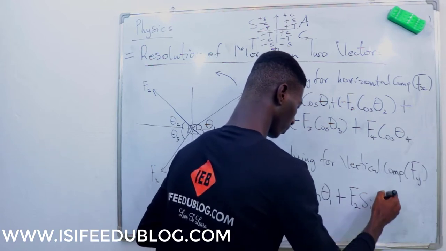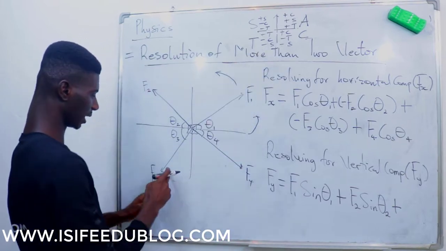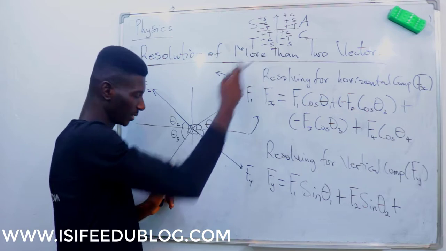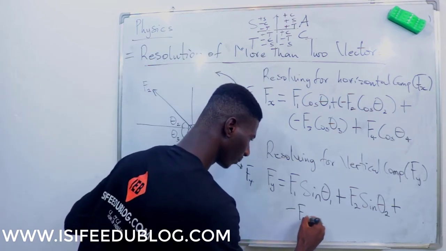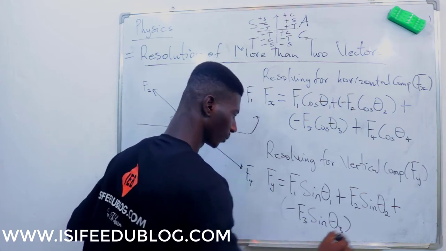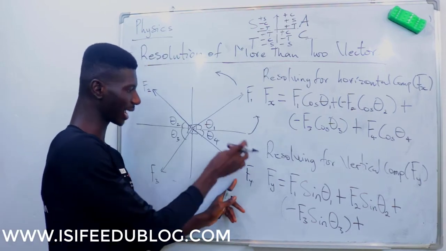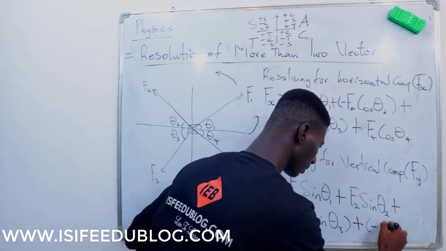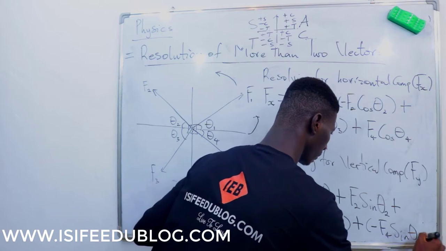Plus F3 now falls here, and sine is negative on this side, so we have plus minus F3 sin θ3, plus F4. Here, sine is also negative, so we have minus F4 sin θ4.